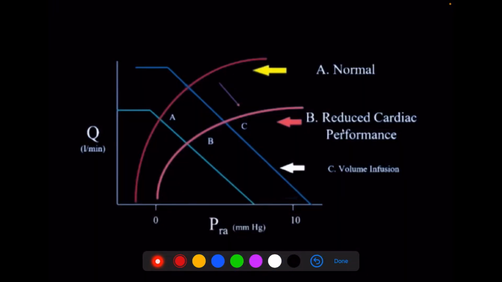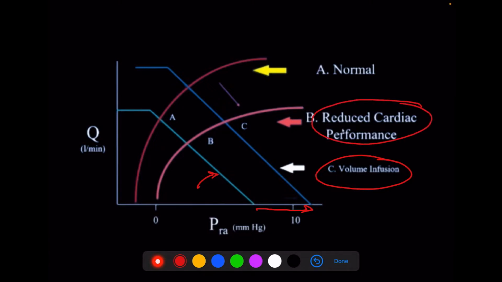Now what we see over here is a patient in whom we are giving fluid or who has a reduced cardiac output. This graph over here represents the normal graph. If we give fluids, then the venous return increases because the mean systemic pressure is increased. This is caused by volume infusion. Now, the other method by which the cardiac function is affected is by cardiac contractility.